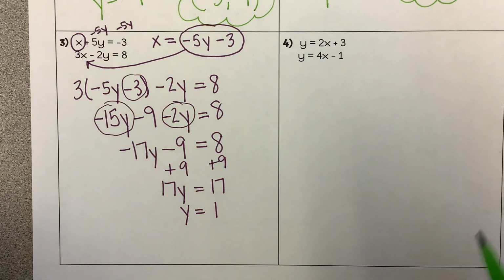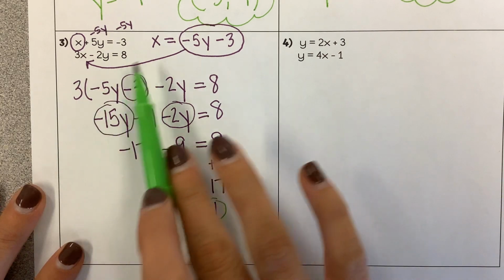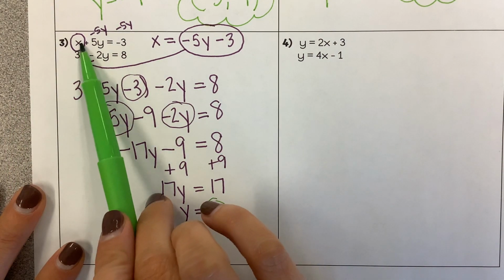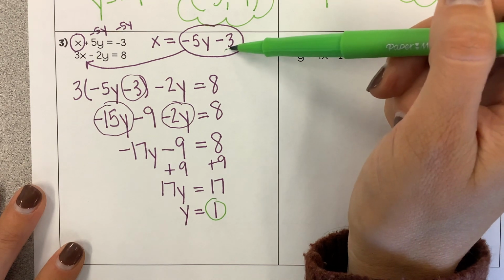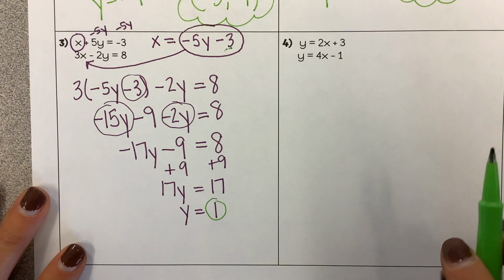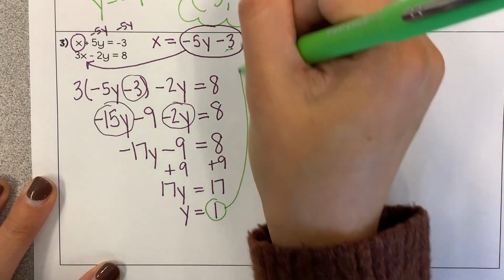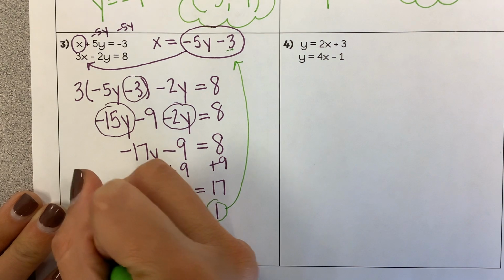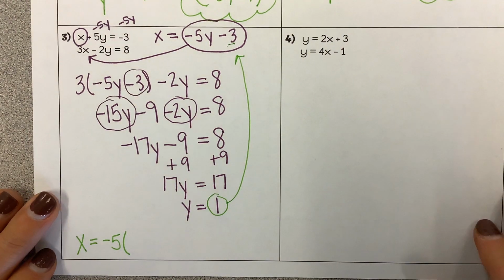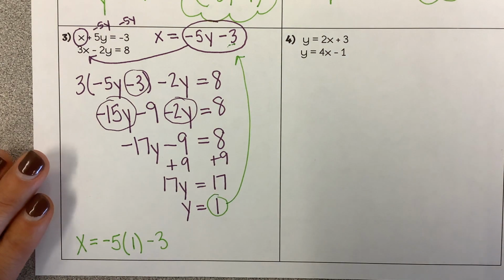Now we're going to go back and plug in this y value of 1 into any of these equations. I can do this first equation, I can do the second equation, I can also technically do this equation as long as I did that correctly. It is up to you. So if I plug it back in here, I have x equals negative 5 times a y value of 1 minus 3.